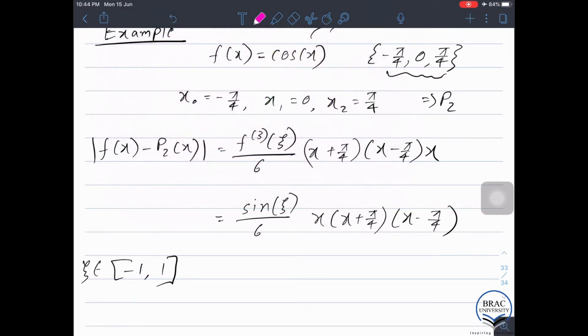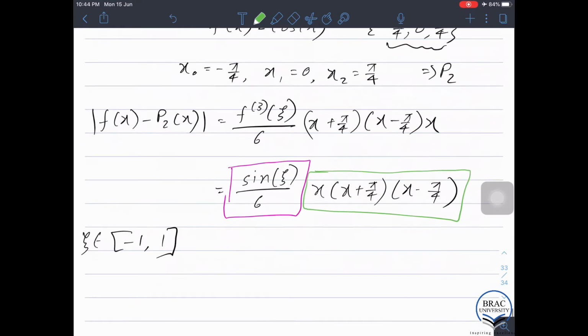Now I want to emphasize that if I want to find the maximum of this function, then I have to find the maximum of this part and the maximum of this other part separately.